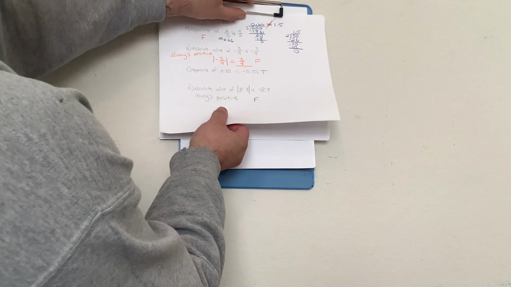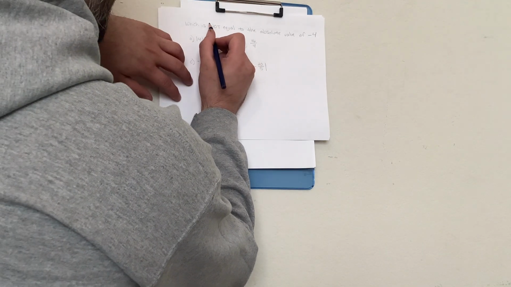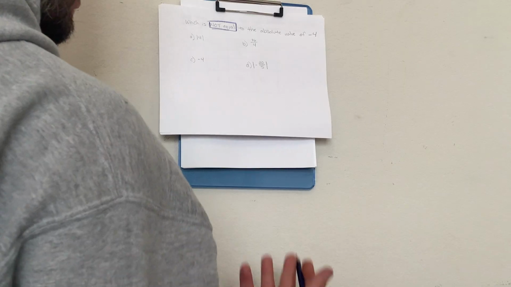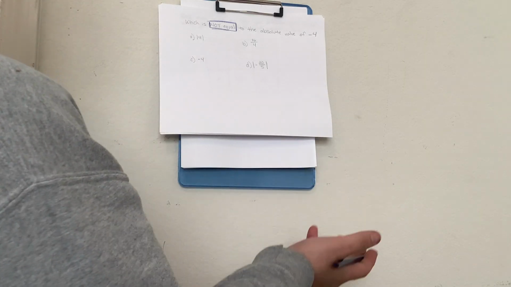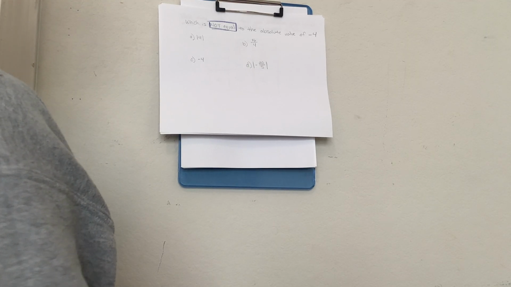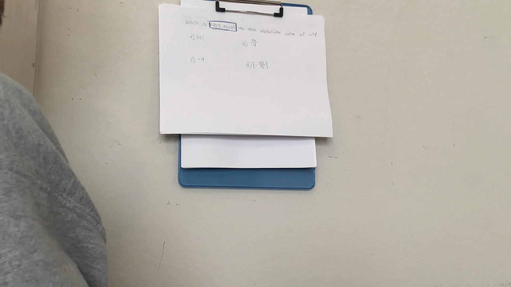I think, like just a couple more. All right, big time, okay? They're saying which is not equal. Not equal. So essentially what's wrong, right? The absolute value of negative 4. Okay? So we just literally talked about how the absolute value is always positive. Cool.